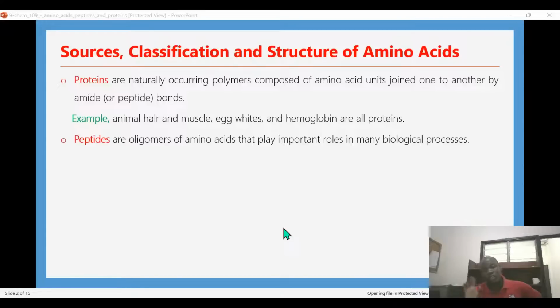And of course, amino acid is the monomeric unit. So these are the differences between the three.